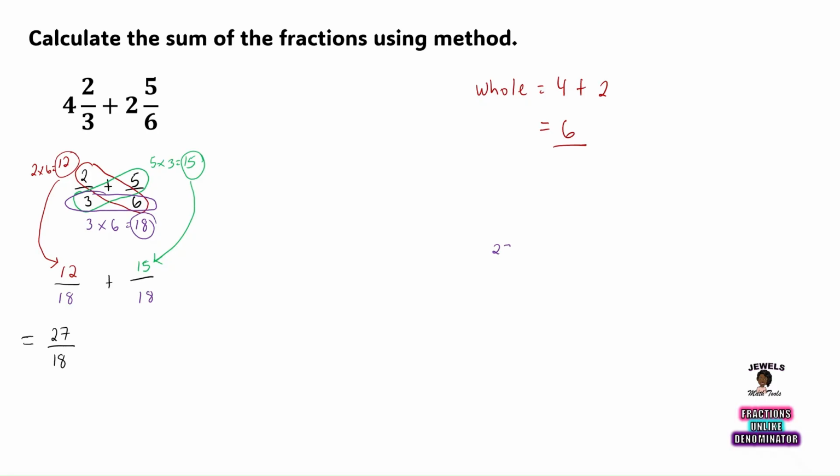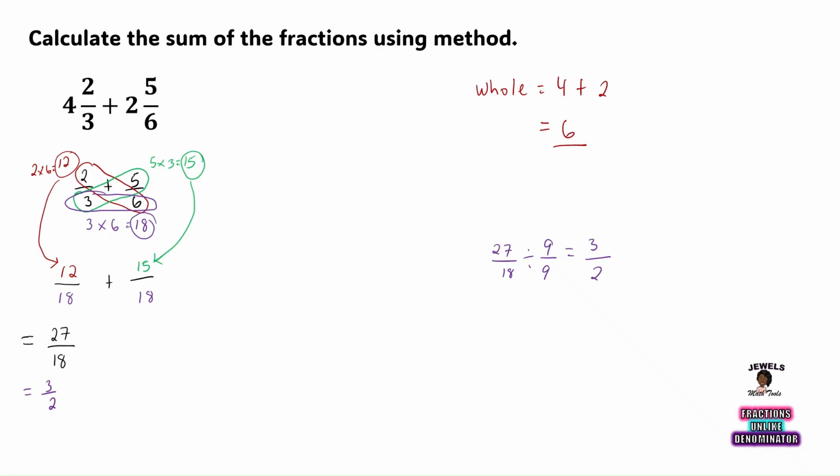So we have 27/18, and I'm going to reduce this fraction by dividing both of my numbers by 9. So we have 27 divided by 9 will equal 3, and 18 divided by 9 gives us 2. So I'm going to just plug that back in so that we can keep track of our working as we move through. So we have 3/2 now as our solution.